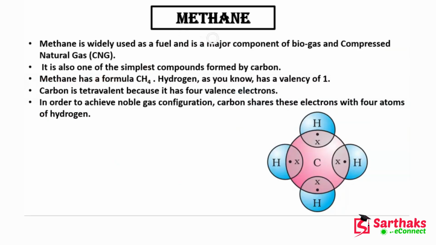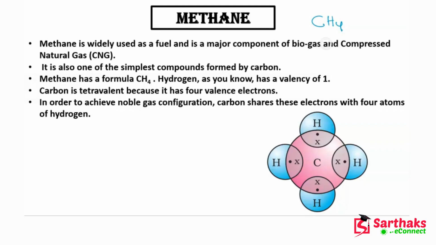Okay students, so now we will see methane. This is very important. This is the simplest compound formed by carbon. Okay, 1 carbon and 4 hydrogen atoms are present in methane, and the formula for methane is CH4. Now, why is it important?